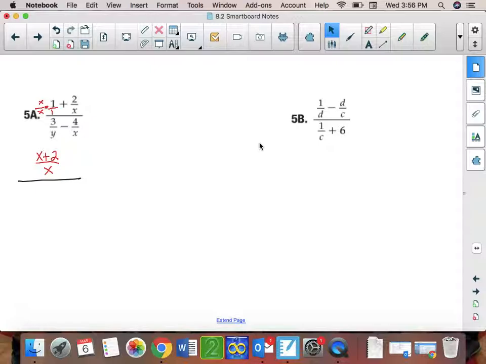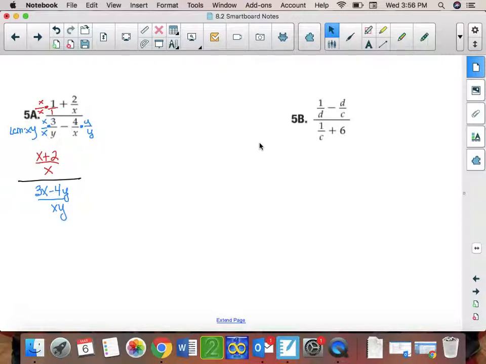And then on the bottom, my LCM is going to be xy because those are my two factors, x and y. So I have to multiply this by y over y and this by x over x to get them to be the same. So that's going to be 3x minus 4y over xy.